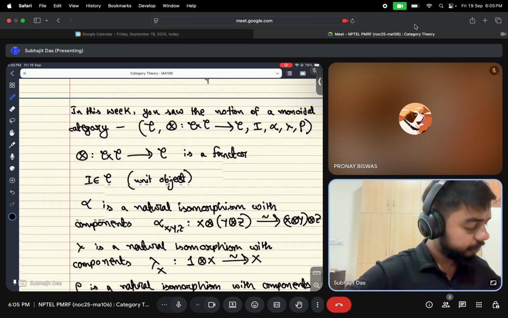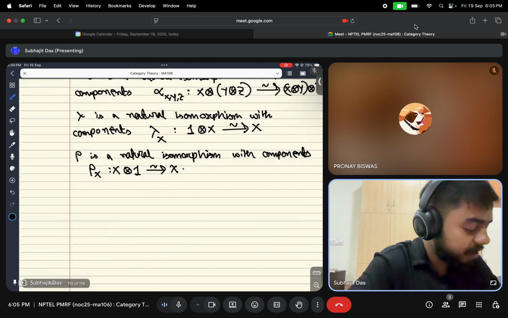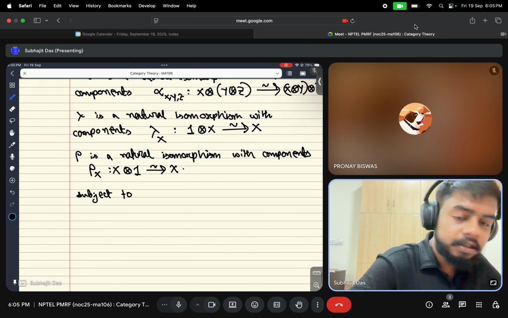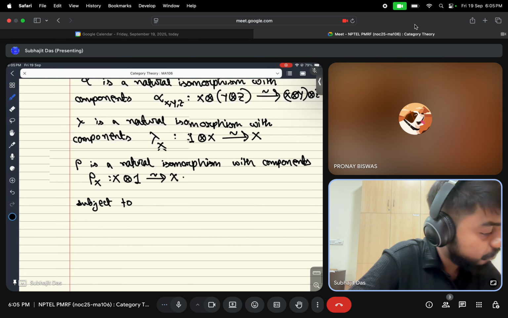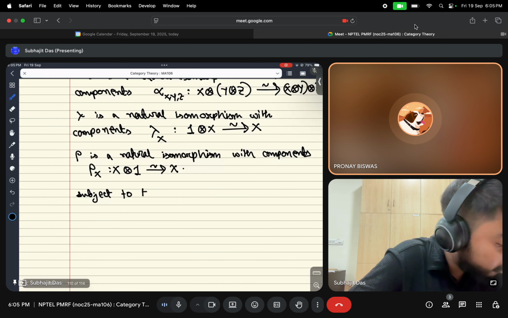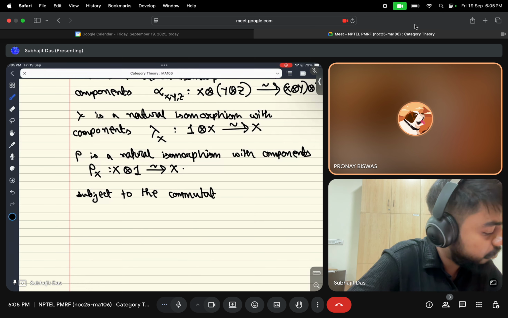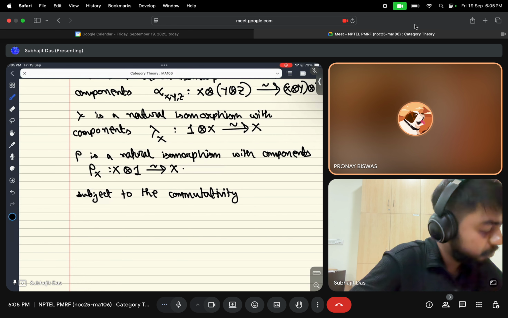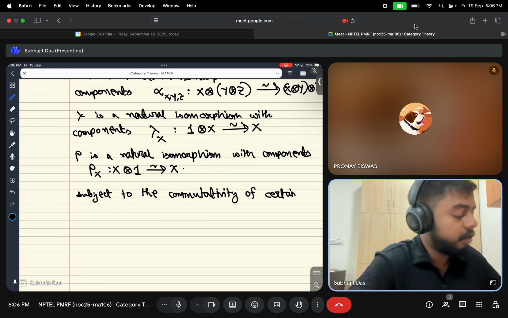Okay. So this is the idea or the notion of a monoidal category, and this is subject to, subject to what? Subject to the commutativity of certain diagrams.